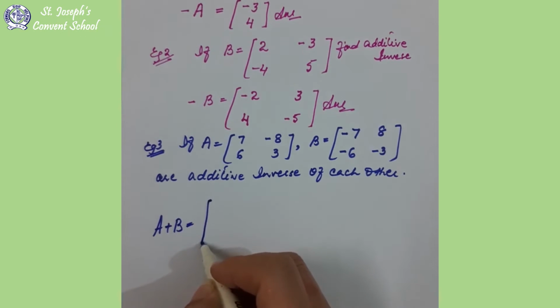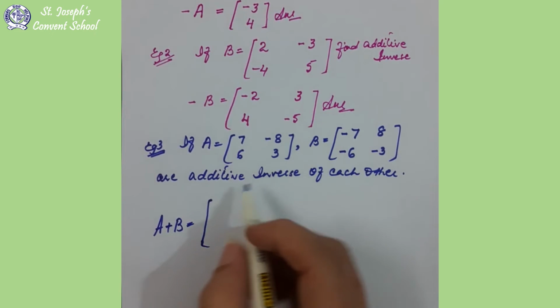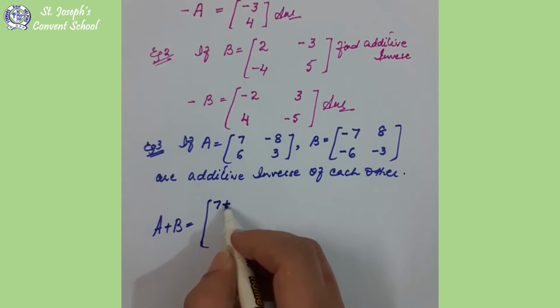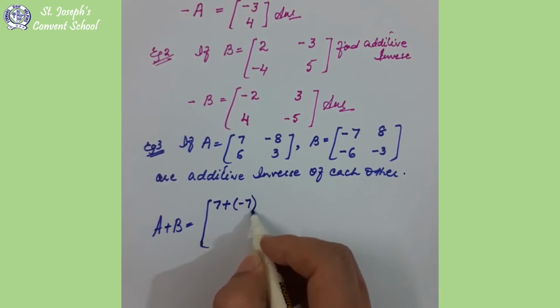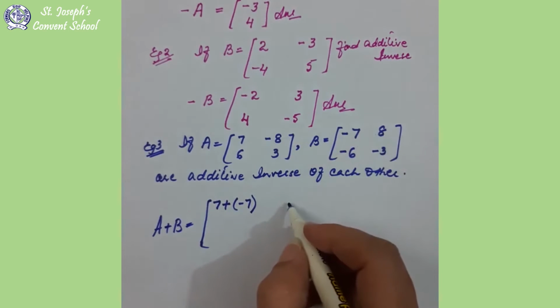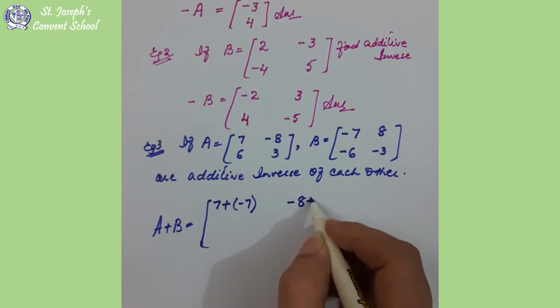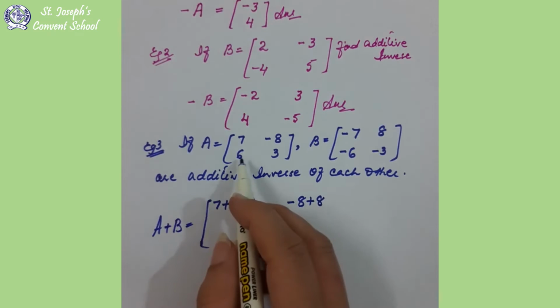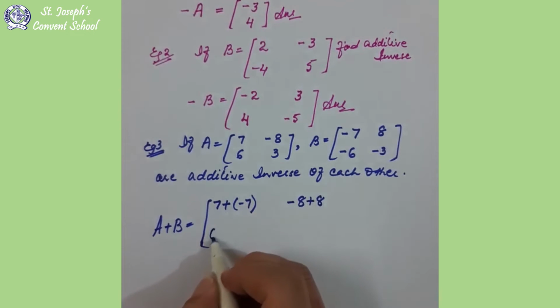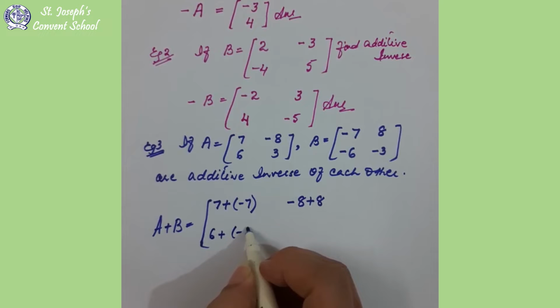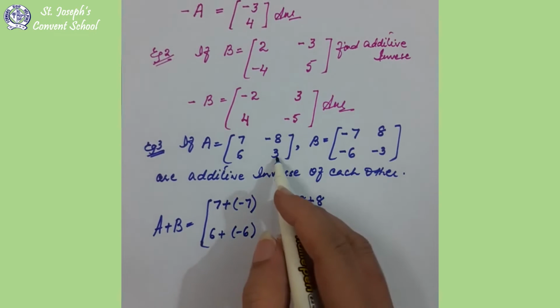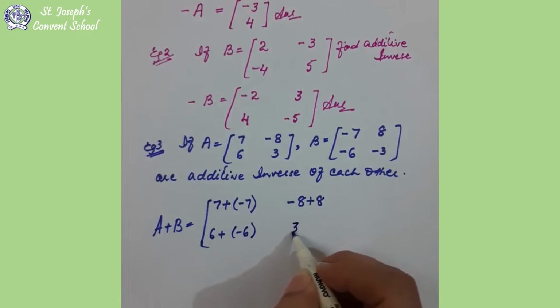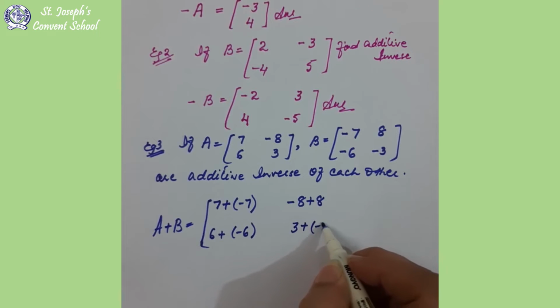So A plus B means first element plus first element, 7 plus minus 7, minus 8 plus 8, third element plus third element, 6 plus minus 6, and fourth element plus fourth element, 3 plus minus 3.